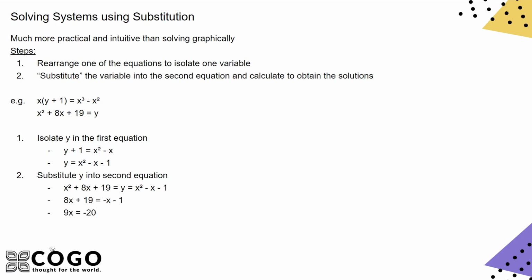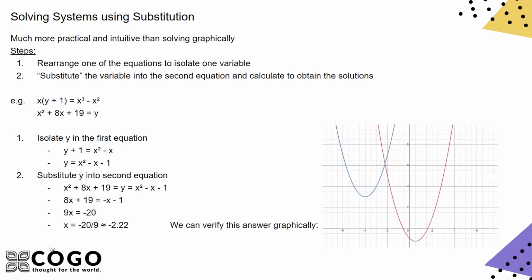Then, if we minus both sides by 19 and add x to both sides, we would come up with 9x equals negative 20. Finally, if we divide 9x by 9 and negative 20 by 9, we would come up with the final answer of x equals negative 20 divided by 9, which equals approximately negative 2.22. We can also verify this answer graphically as shown in the bottom right hand corner.